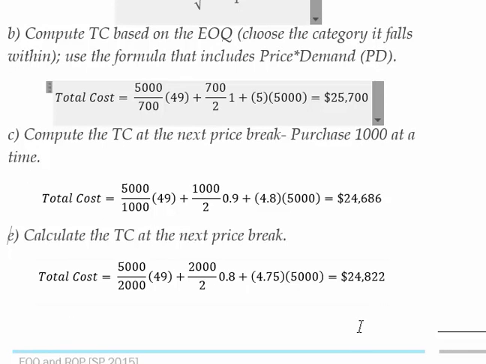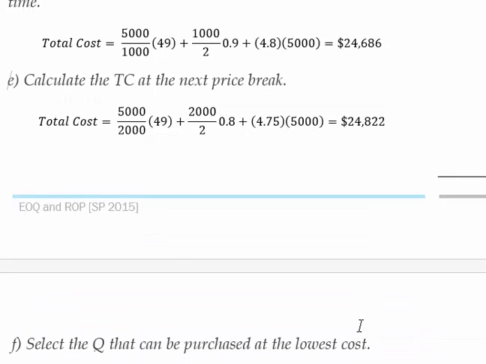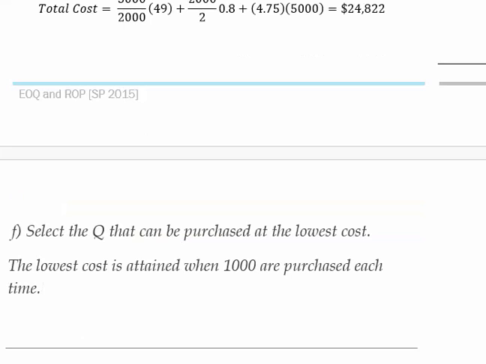Now, I really strongly suggest that you take a look at the problems in the text that have the quantity discount pieces to them. So I just retyped this, that the lowest cost is attained when 1,000 are purchased each time.